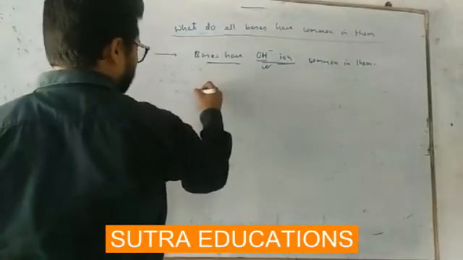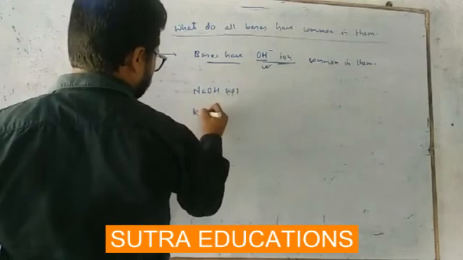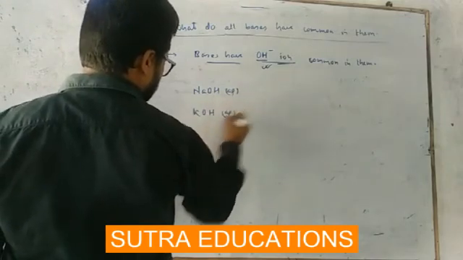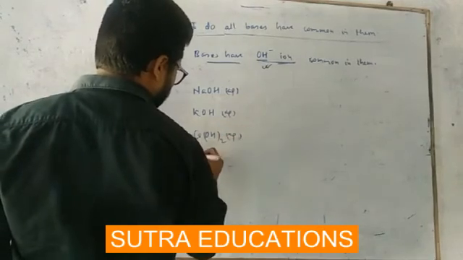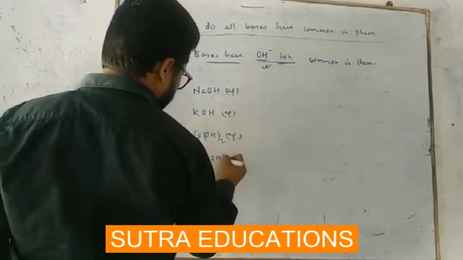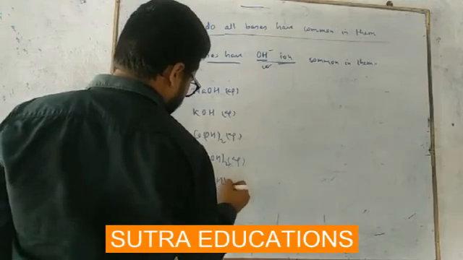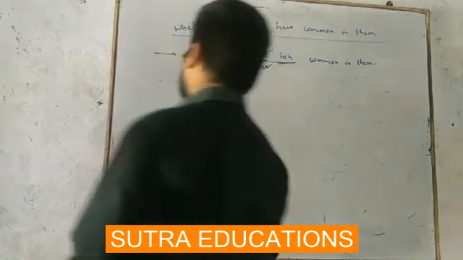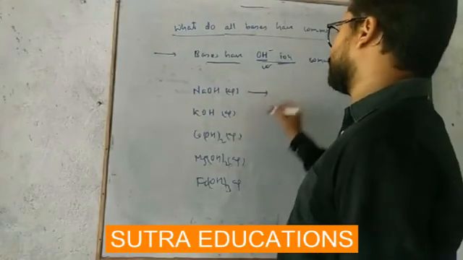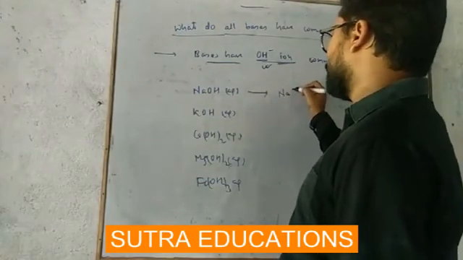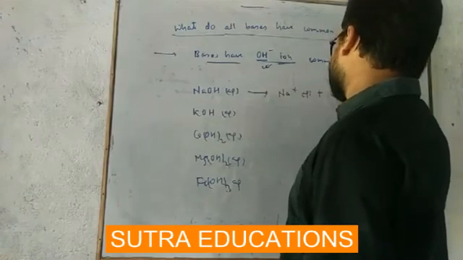Examples are NaOH, KOH, Ca(OH)2, Mg(OH)2, Fe(OH)3. NaOH will give you Na plus aqueous plus OH minus aqueous.